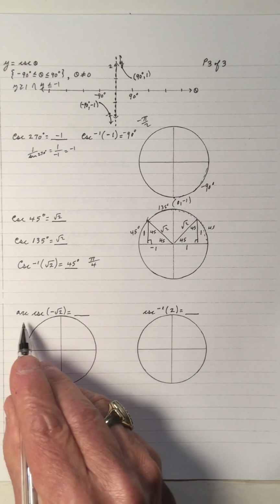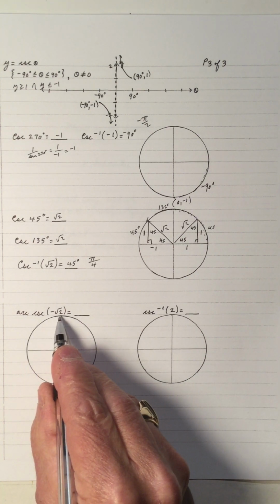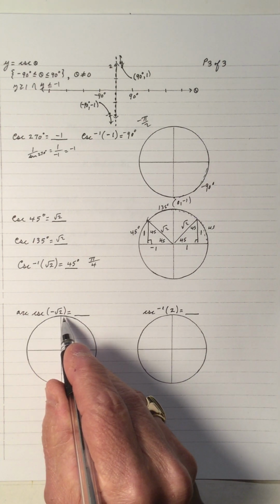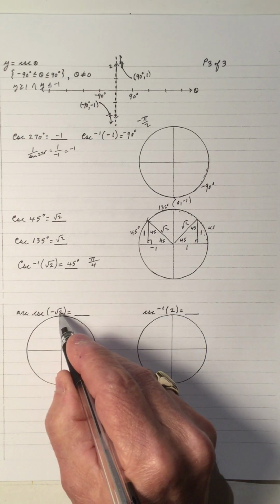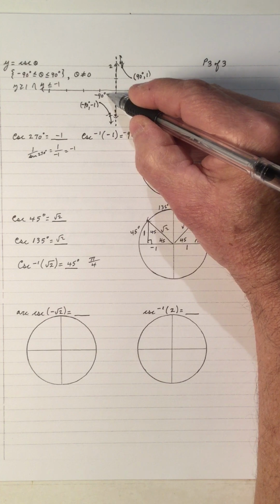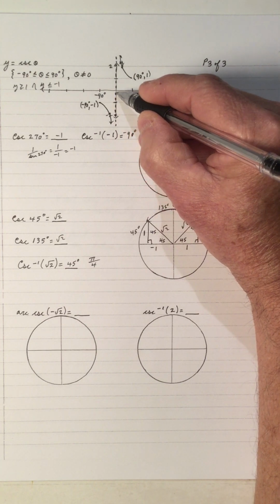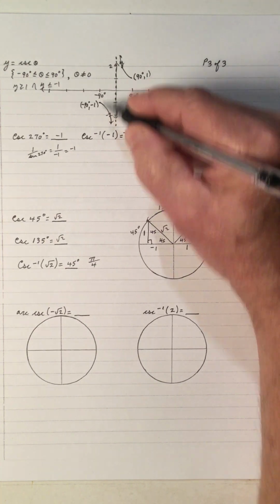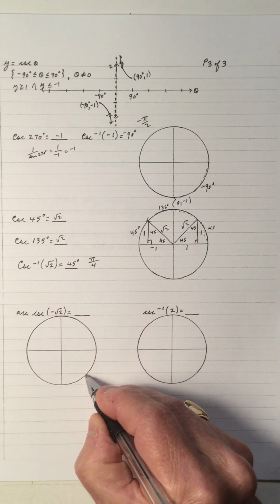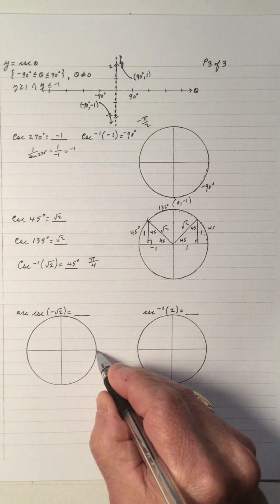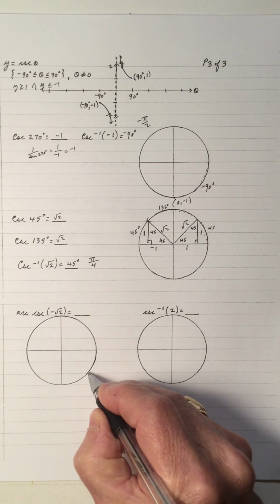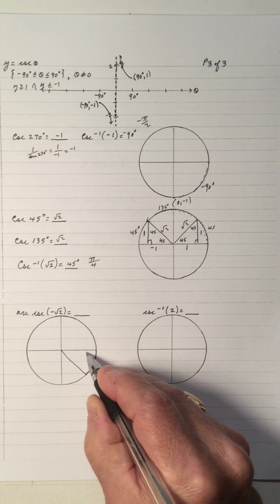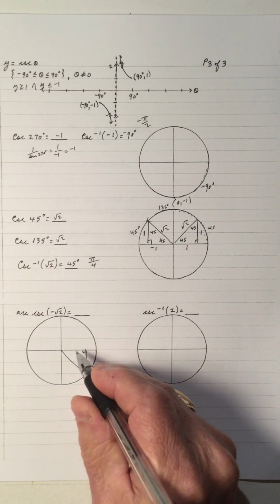Okay, 2 more to do. What about the arc cosecant of a negative root 2? Again, the angle is a 45, because right here we got root 2, this is negative root 2. But a negative root 2 is right here, and the angle is between 0 and negative 90. So that means the angle is in this fourth quadrant. Drop the perpendicular to the x-axis.